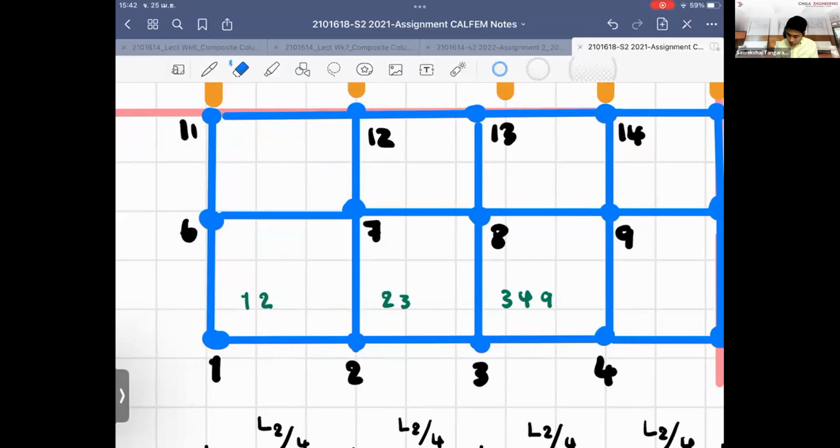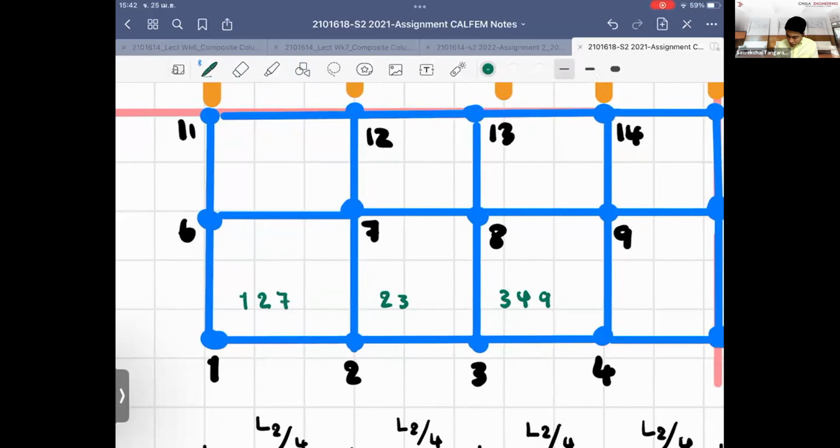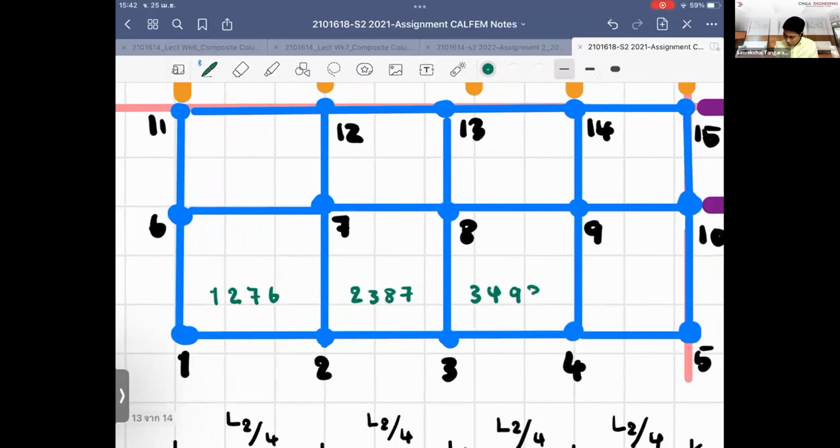Is it wrong? I have to follow the anti-clockwise. 8, 9, 10, 9, 6, 7, 12, 11.